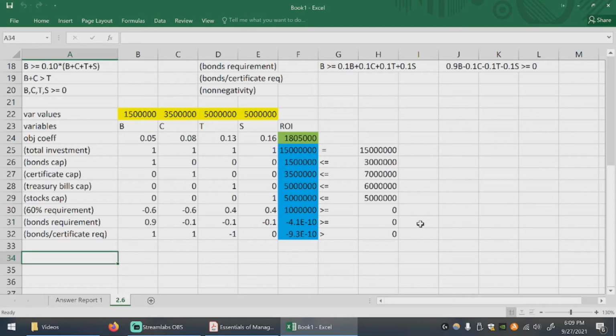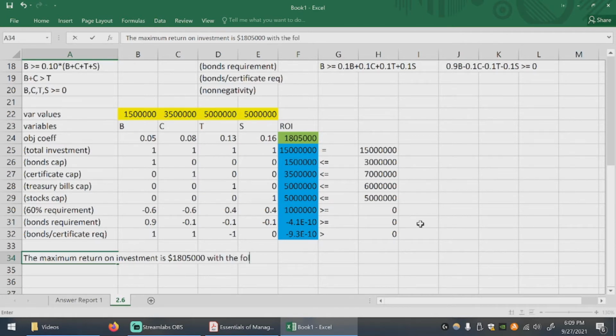Okay, I will. The maximum return, whoops, should probably spell correctly, right? I can spell, I can't type apparently. Maximum return on investment is, that's a large sum of money, 1,805,000, 1.8 million-ish.